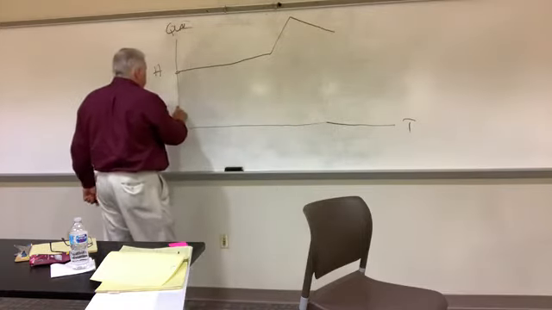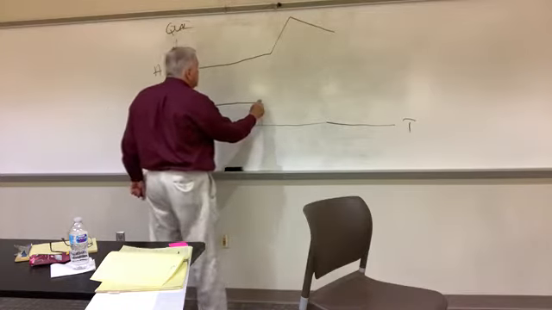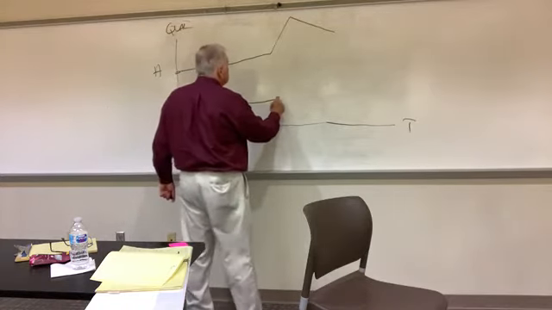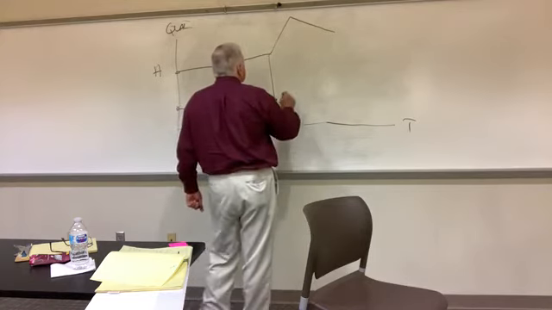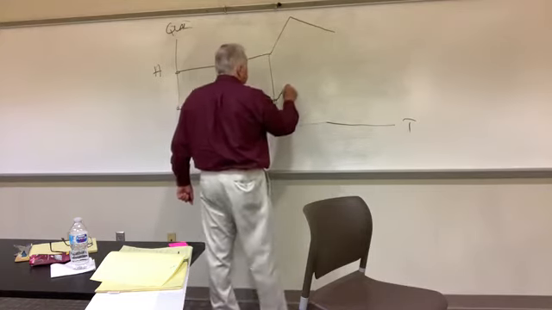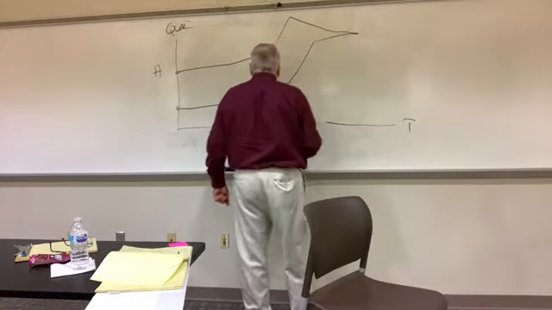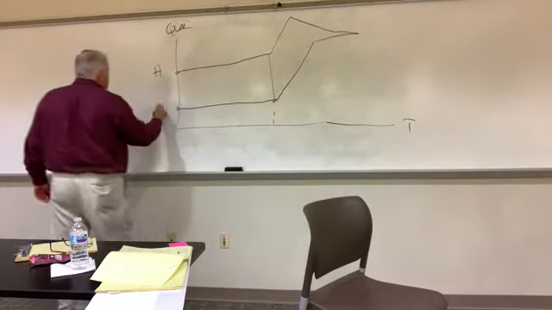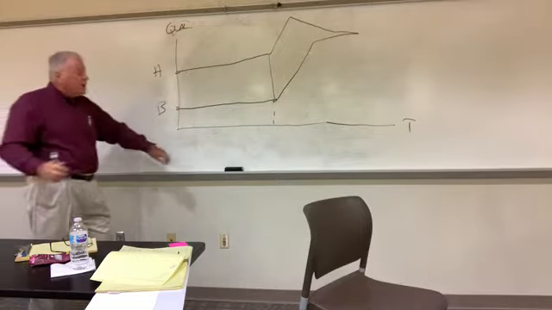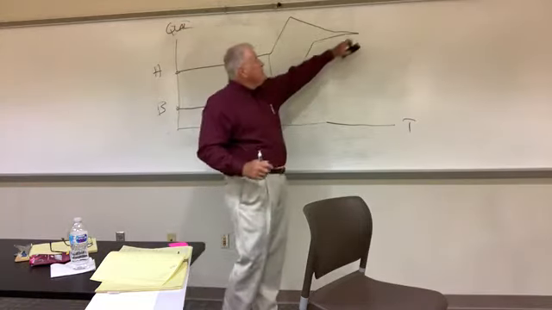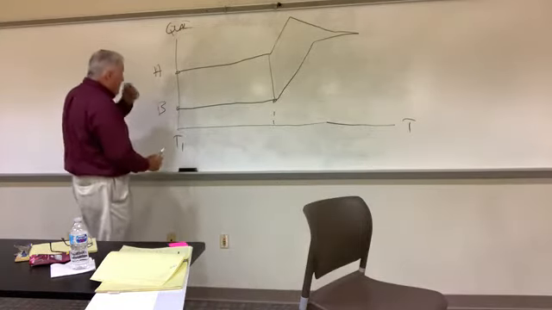And here's company B. So we have two organizations. Company A is the top line, Company B is the bottom line. These are measures of quality across time. And you can see that at some point they converge. So here's time one, here's T1.